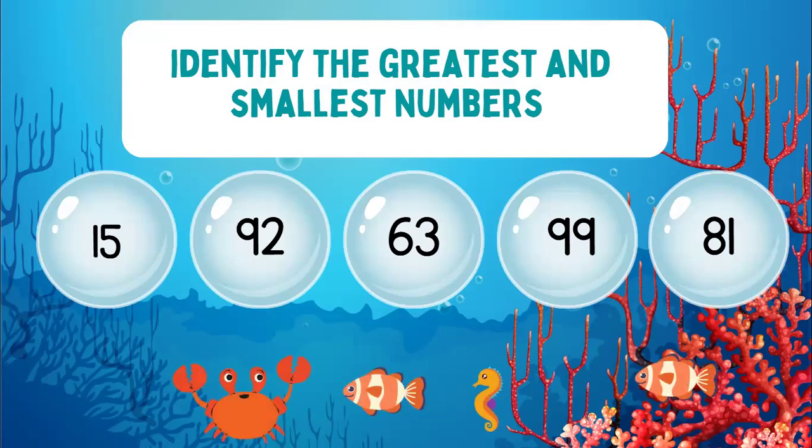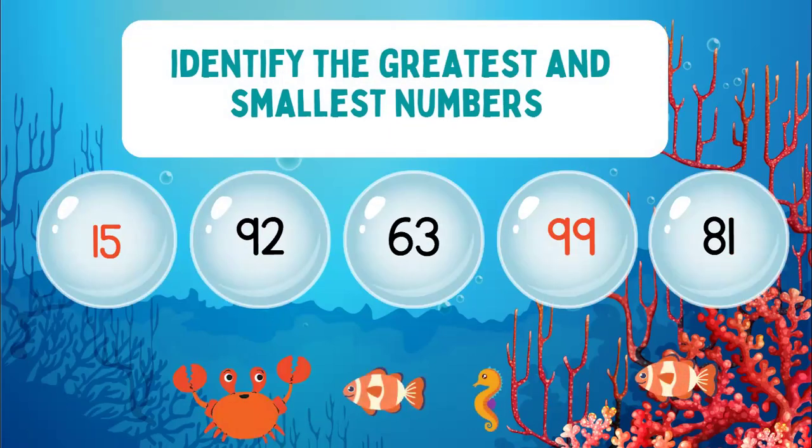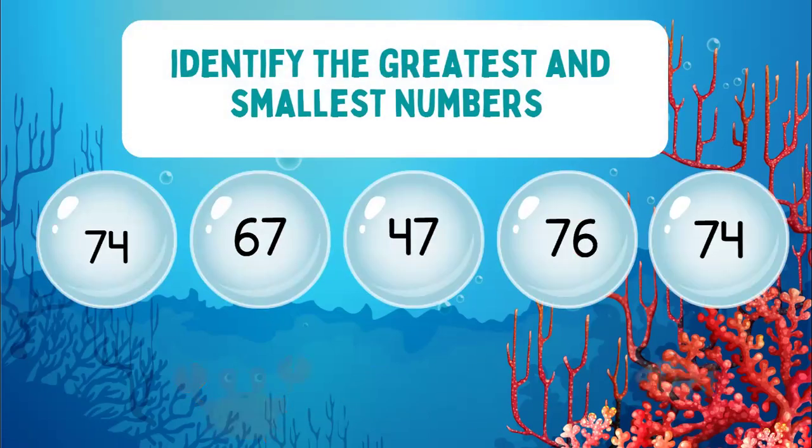Let's see another one. This is quite easy. Let's move on. If you chose 99 as the largest, you're an expert. And if you chose 15 as the smallest, of course, you're an expert. Let's see this now.